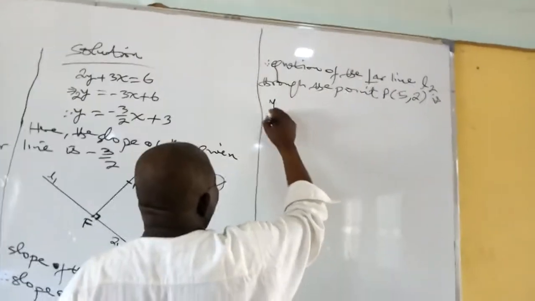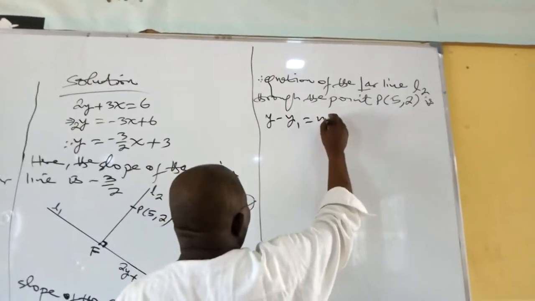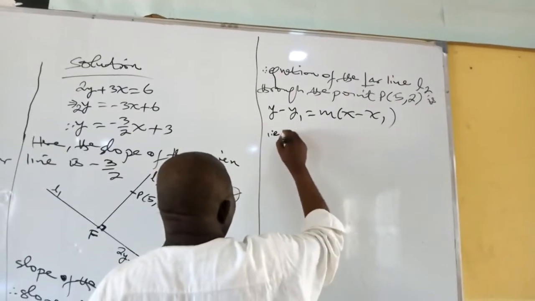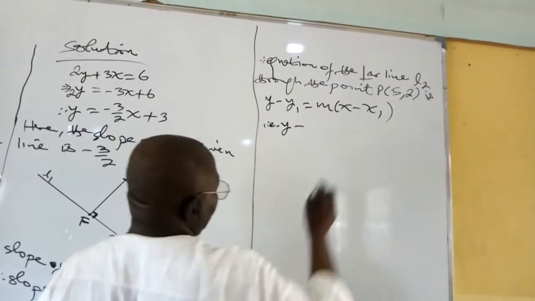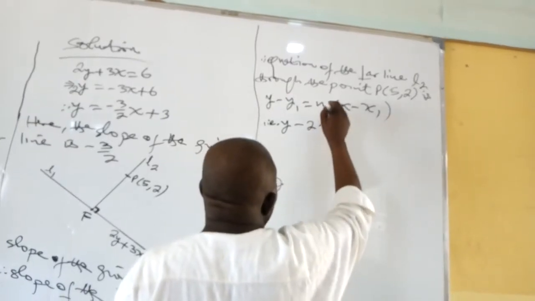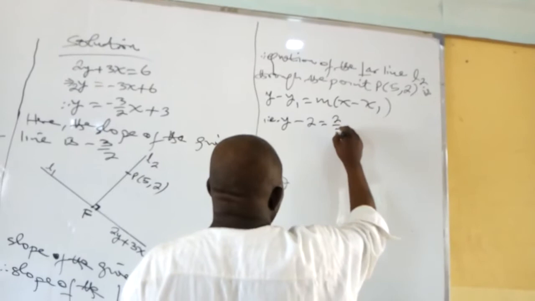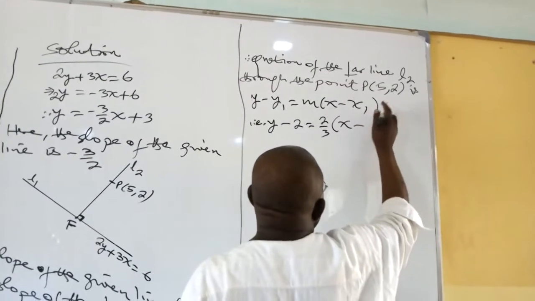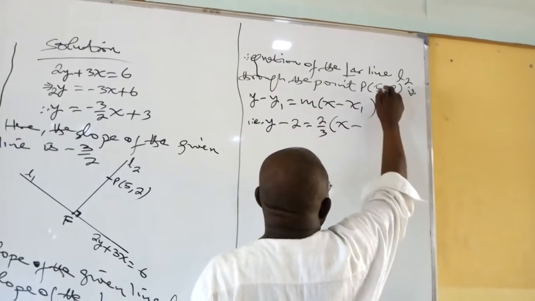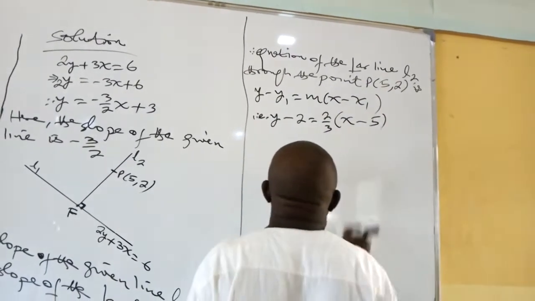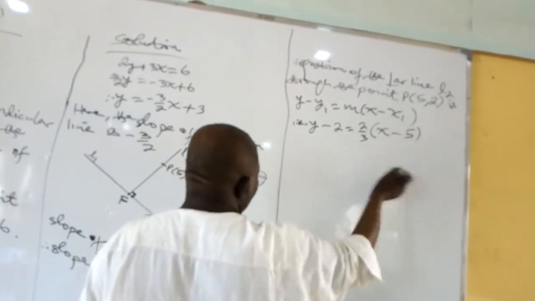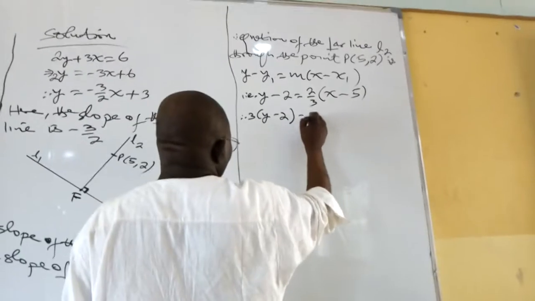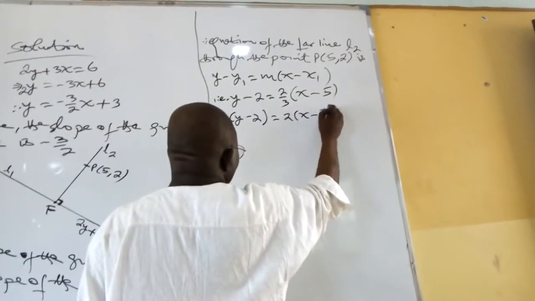It's going to be y minus y1 is equal to m into x minus x1, i.e. y minus 2 is equal to 2 over 3 into x minus 5. Now I can clear the fraction. Multiply by 3. I have 3 into y minus 2 is equal to 2 into x minus 5.